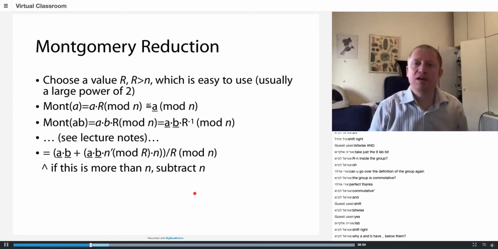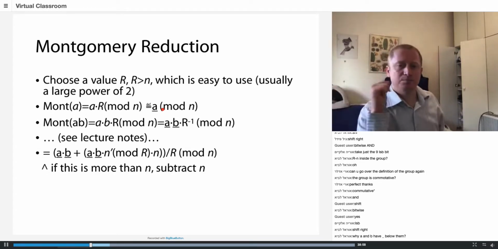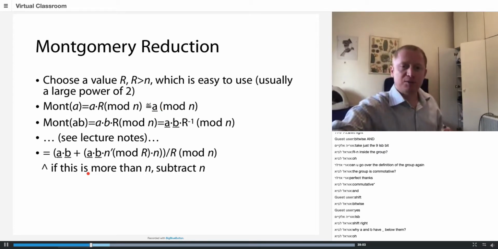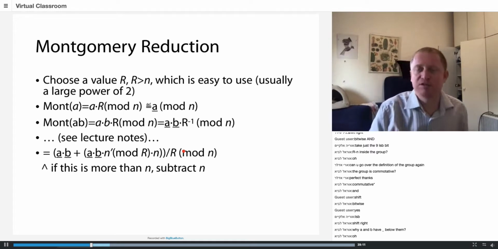So Montgomery of A is defined as A underscore. So the genius of the Montgomery reduction is that this number is known to be between 0 and 2n minus 1.